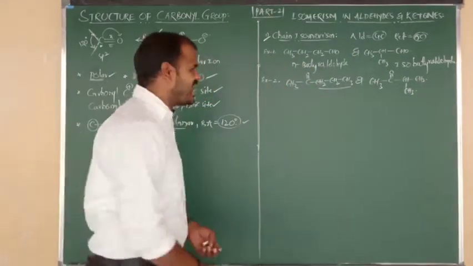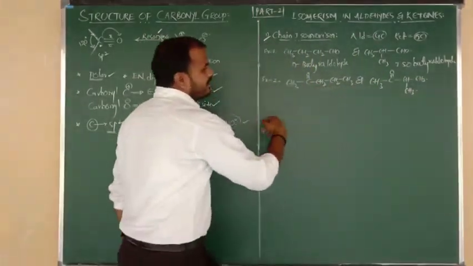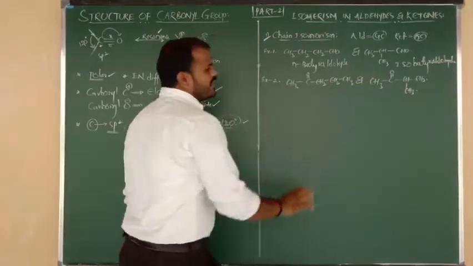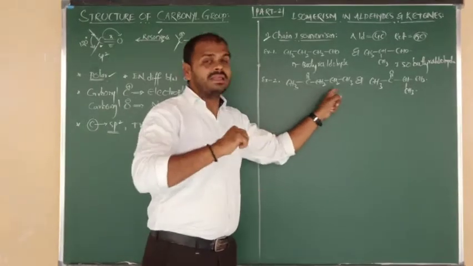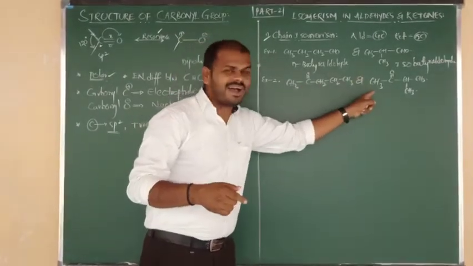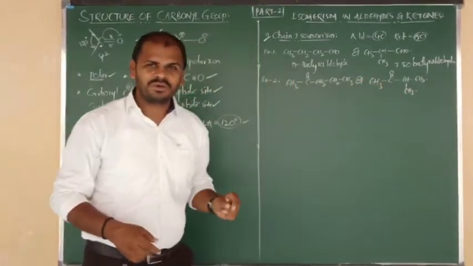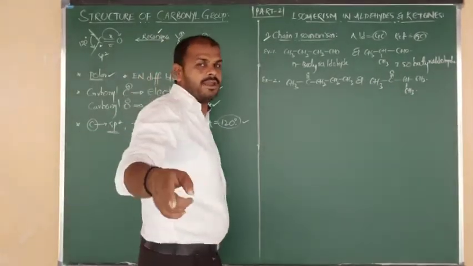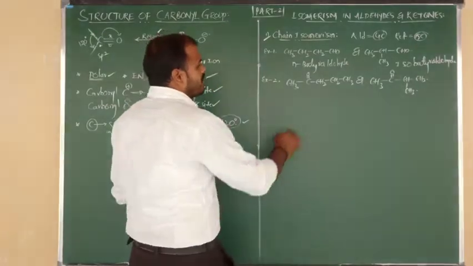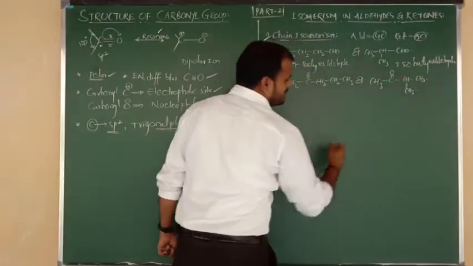I hope you understand. So once again listen carefully. Both the compounds are 5 carbon ketones. But one is methyl n-propyl ketone, and the other is methyl isopropyl ketone. Both compounds have the same molecular formula, just a difference in the arrangement of the carbon chain. One carbon chain is normal, the other is iso.